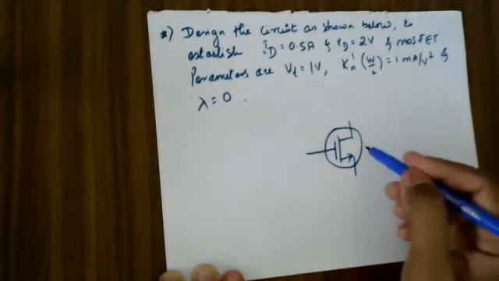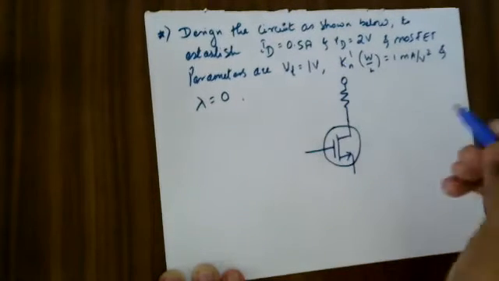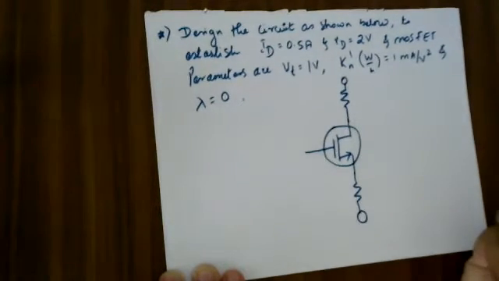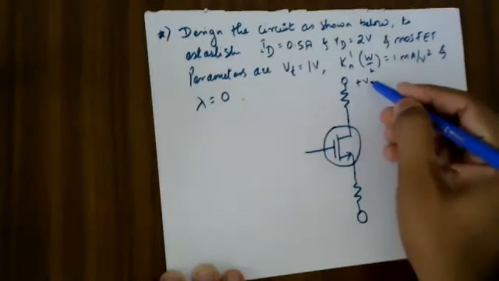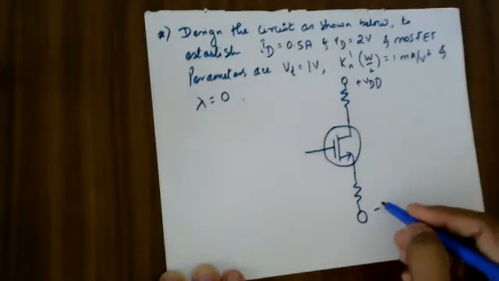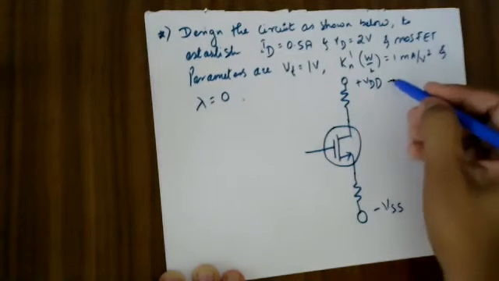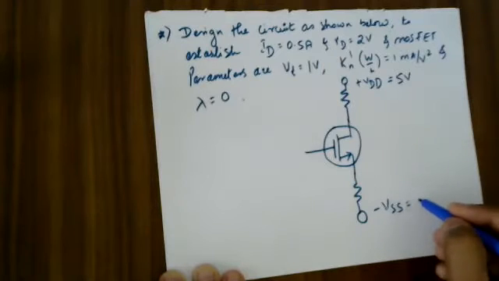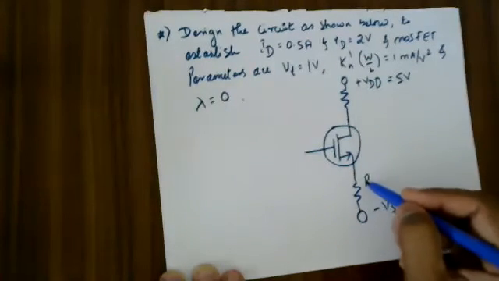Since this is a dual power supply, this is one resistance, and this is one more biasing terminal. So this is plus VDD, and this is minus VSS. This is equal to 5 volts, and this is equal to minus 5 volts. So all these parameters are given.